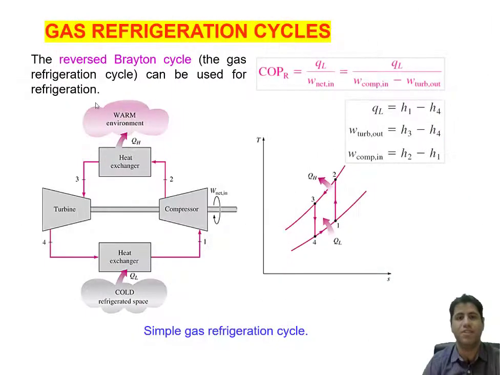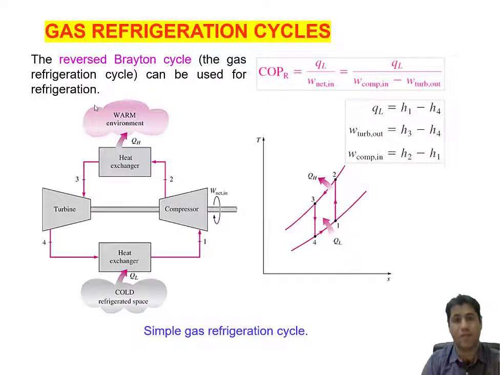At the beginning of this chapter, I told you that the Carnot cycle and also the gas power cycle or reverse Carnot cycle is not an appropriate cycle, or an ideal cycle, for a refrigeration system. Then we started to introduce the vapor compression refrigeration cycle.